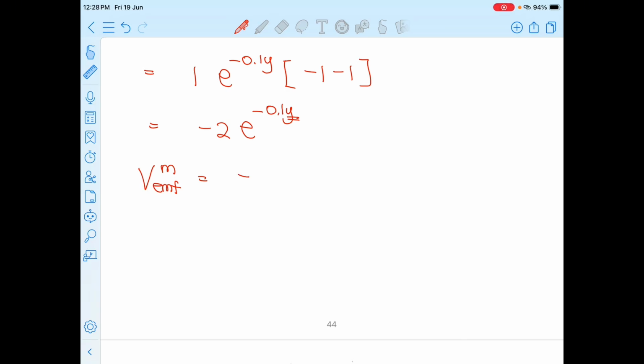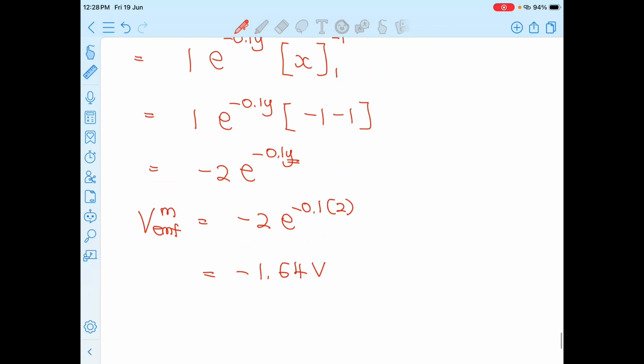So it's -2 e^(-0.1 × 2), which equals -1.64 volt. This is the motional EMF generated at side 1 to 2.